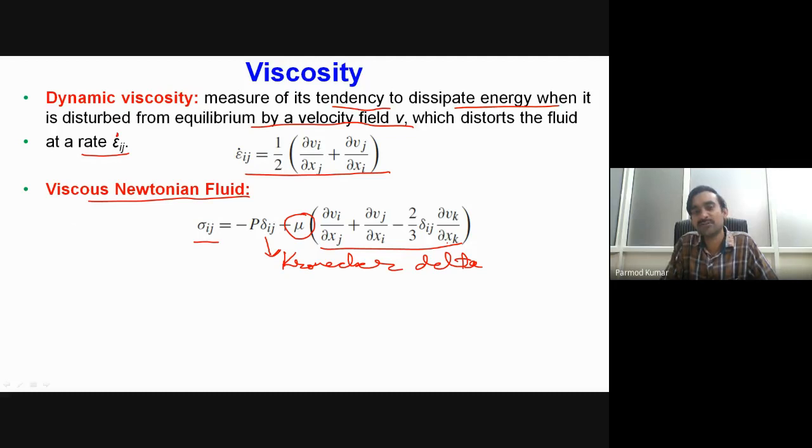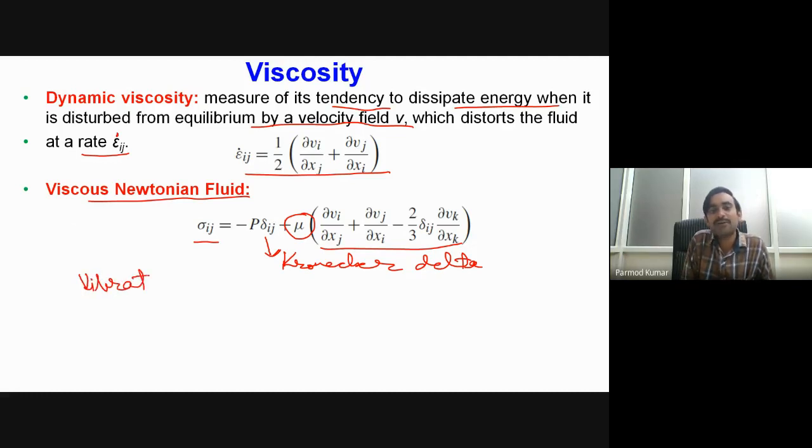Generally for viscous Newtonian fluids, dynamic viscosity is constant, and if we are having a dependence of dynamic viscosity on the velocity gradient terms also, then our fluid is not of Newtonian type. So in this particular course, we will limit our discussion to the measurement of viscosity of Newtonian fluids only. For measuring the viscosity of Newtonian fluids, once again we are having three different types of devices.